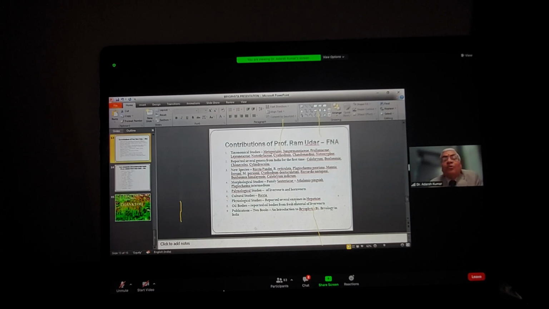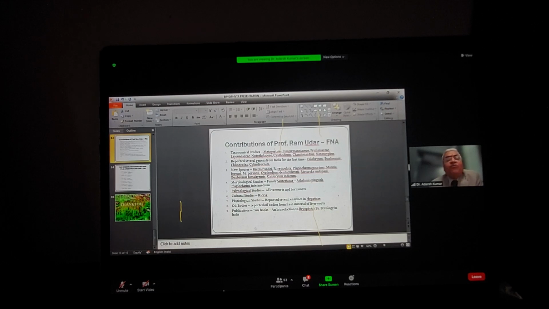He completed the monograph of Athalamia pingui and Plagiochasma intermedium. Not only this, he completed the palynological work of the liverworts and the hornworts, which are very useful to solve the taxonomical problems of the bryophytes.